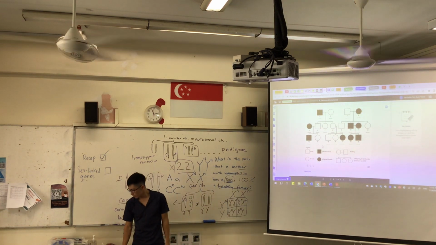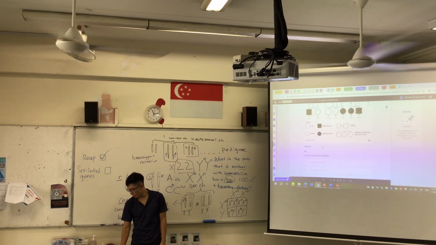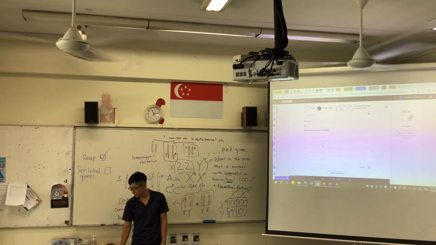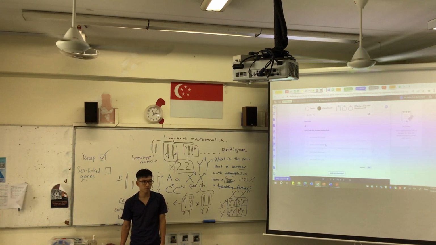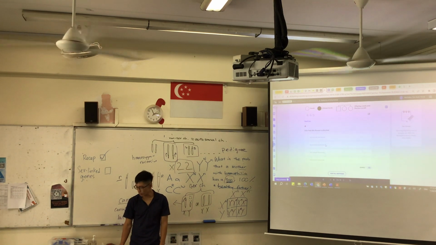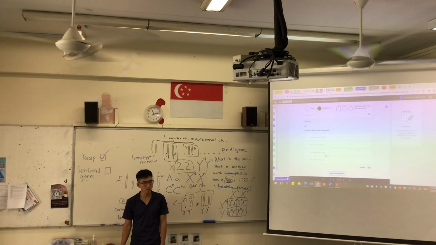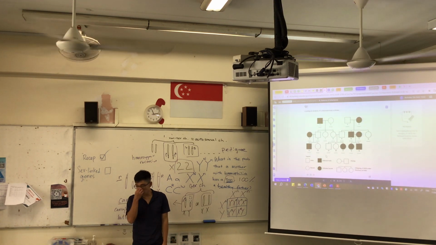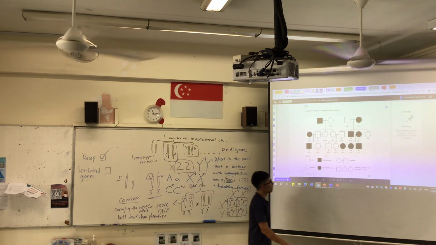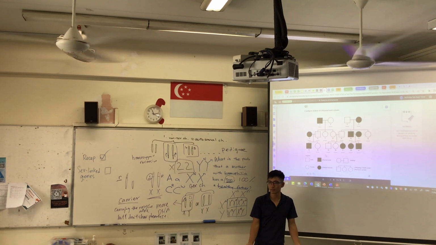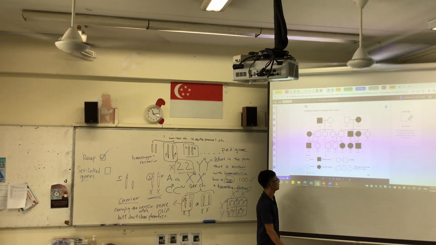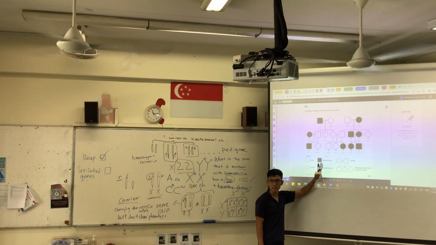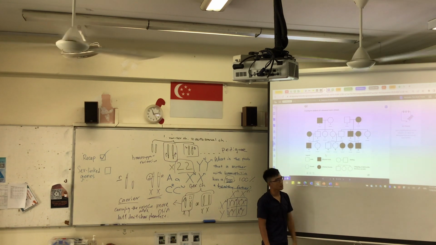Can you tell, based on this pedigree, whether this disease is dominant or recessive and on non-sex chromosomes, or is it linked to sex chromosomes, dominant or recessive? The clue is in how many males and females there are affected. Affected means have the disease. So those shaded in, those are affected.